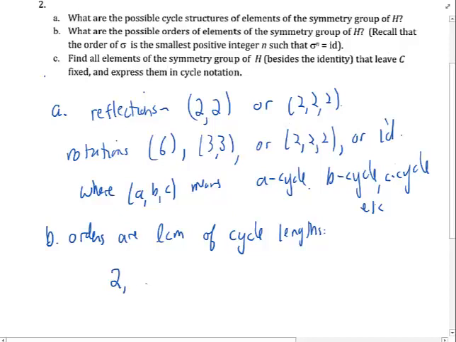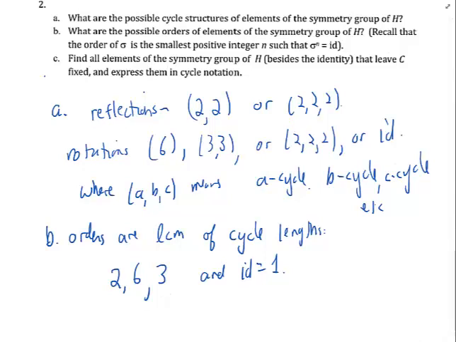This 6 cycle has order 6, and this product of 3 cycles, the LCM is 3, so we have 3, 6, 2 and ID. So in that case, really, if you follow this definition for ID, you'd have a 1. All right. So the answer, let me just box the answers. So this answer would be this.